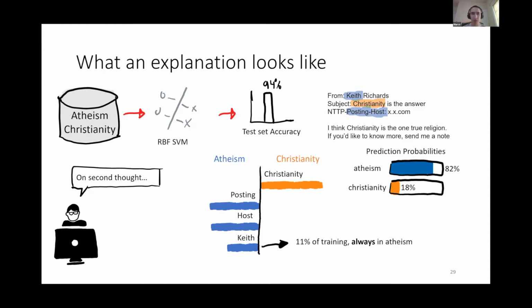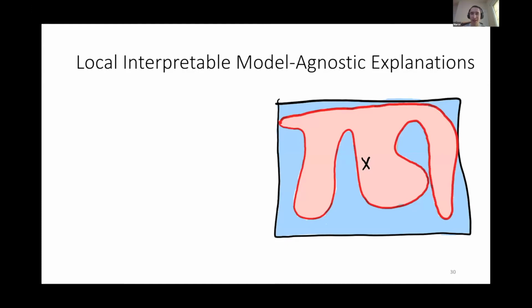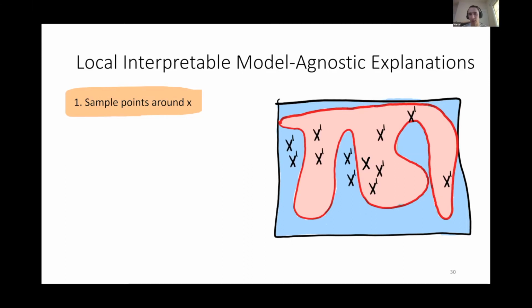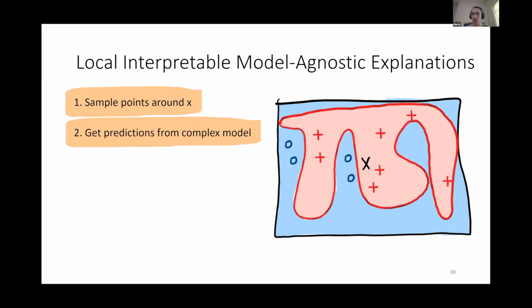So this is just an example of what an explanation looks like. This is how we get these explanations in a nutshell. So the idea is we don't have access to the model internals. So what we're going to do is we're going to sample points around Bill Gates. So we sample a bunch of points to perturb Bill Gates in various ways, and we sample examples, and then we get predictions from the black box model.